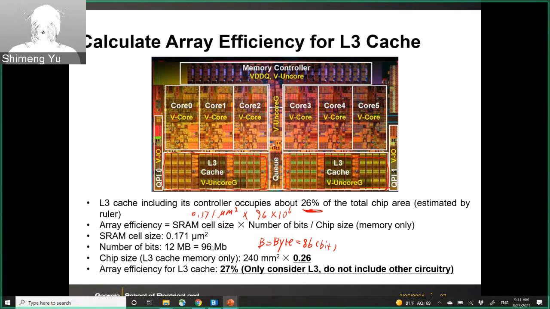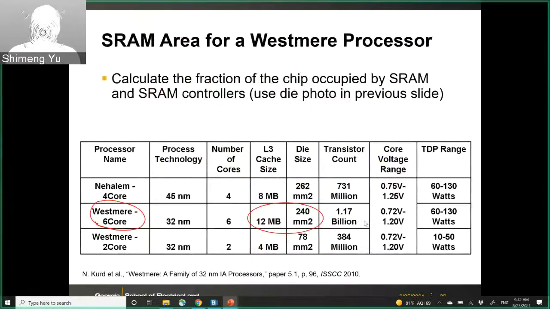Then you will get the total SRAM cell area, and then divide by the chip size for the L3 only. So L3 will be 26% of the total chip area, and total chip area is given by this information here, the die size, 240 millimeter square.